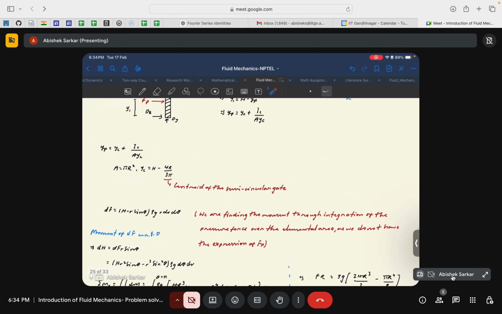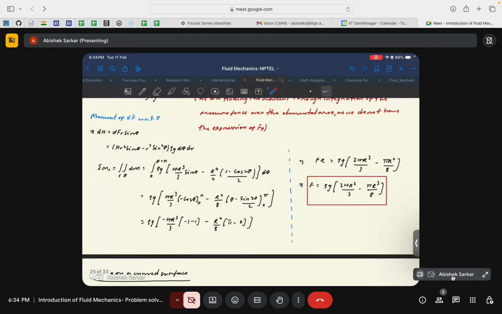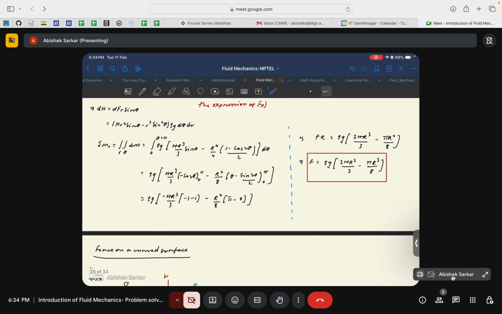If you carry forward the integration, let us first do the integration with respect to r. This will become h r cube sine theta minus r to the 4 by 4 sine square theta. Sine square theta can be replaced by (1 minus cos 2 theta) by 2 for integration. You can integrate it easily. Then we integrate with respect to theta.